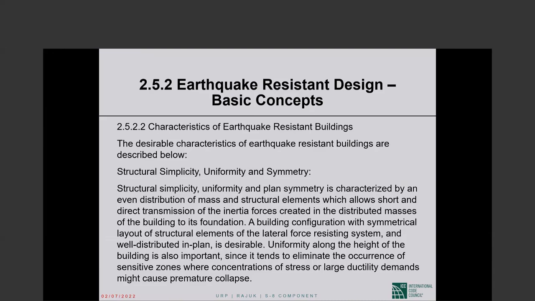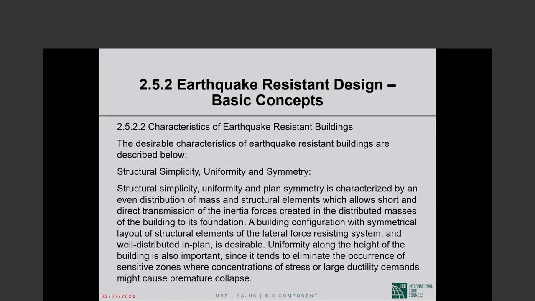Uniformity along the height of the building is also important, since it tends to eliminate the occurrence of sensitive zones where concentrations of stress or large ductility demands might cause premature collapse.